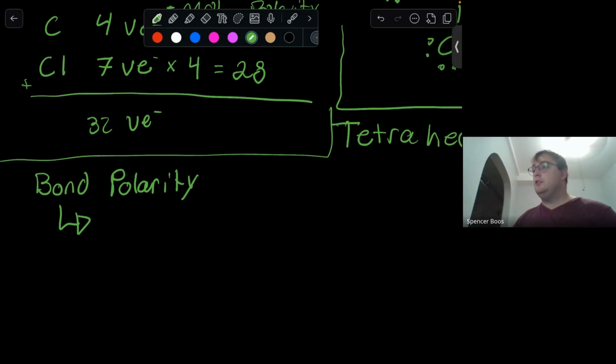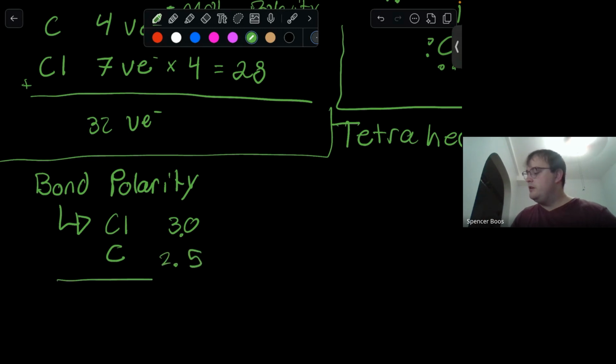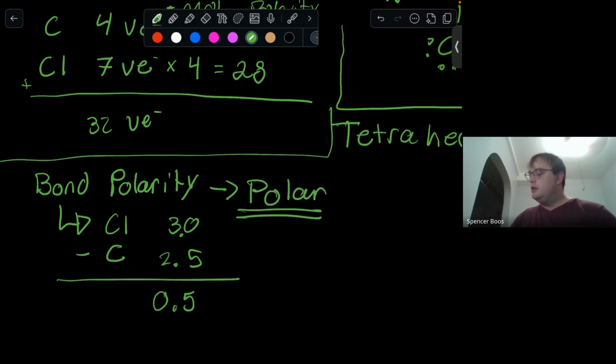We've got chlorine, Cl, with an electronegativity of 3.0, and carbon with 2.5. 3.0 minus 2.5 is 0.5, which means that the bond polarity is polar. The bond polarity is polar. Keyword there.